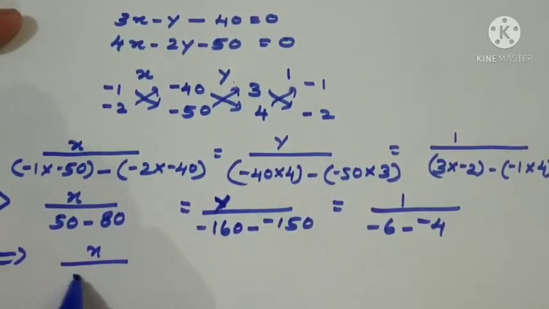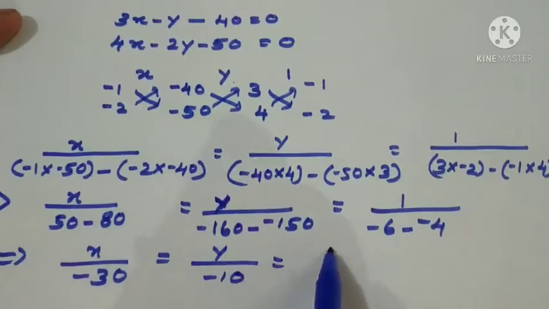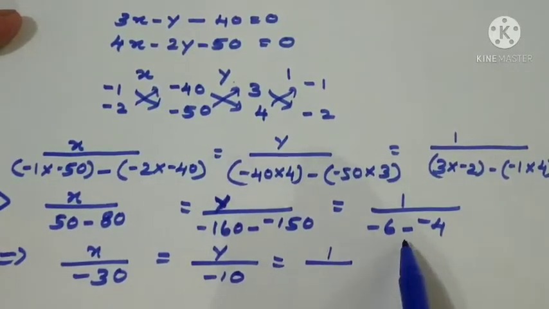So x divided by minus 30, y divided by minus 10, again 1 divided by minus 6 plus 4, it is minus 2.